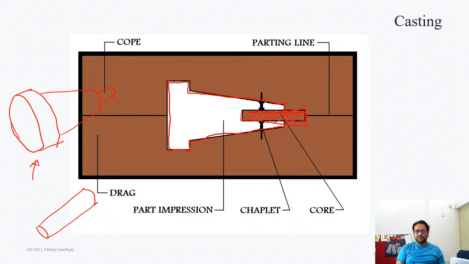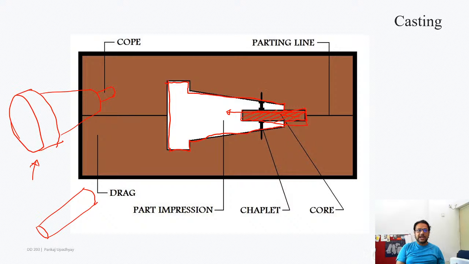Now in this case, what is happening is that since the core is quite extended towards the internal part, I think that when I pour the metal, because of the forces of the pouring and because of the cooling and the shrinkage forces, it might break, okay.